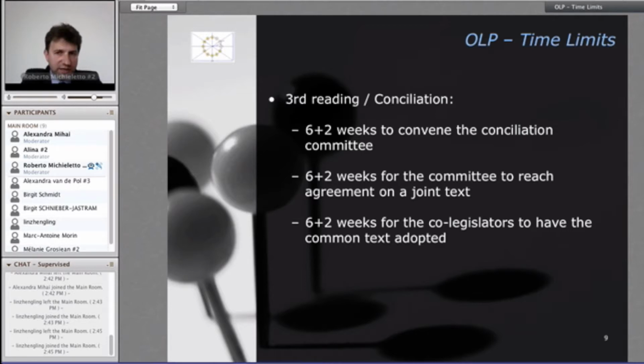You can see in the slides of Alina where she has all the timetable of the procedure. It's not a timetable, it was just a scheme of the time of the procedure of adoption of acts.